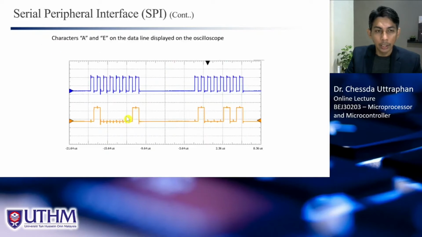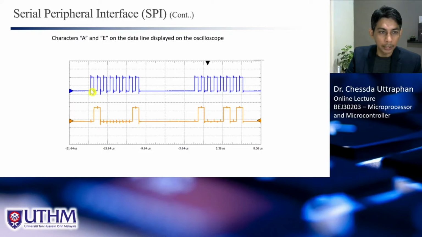And we can see that when we send the data in the SPI line like this, when we look at the data, this is the clock, and this is using mode 0. If mode 0, we see that when we are not communicating, or not sending data, the clock is 0, and whenever we want to send data, we have the clock, and this one is sampled at the positive edge, mode 0.